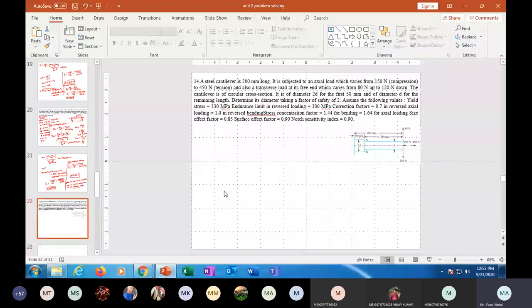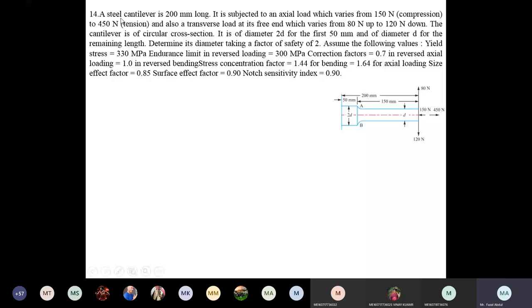See here. A steel cantilever beam is shown in the figure. It is subjected to an axial load which varies from 150 to 450.